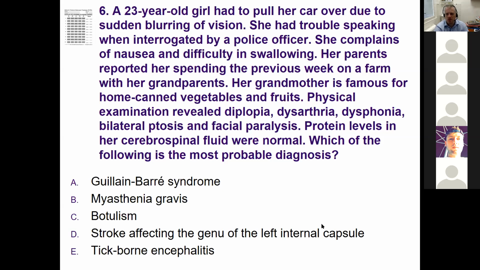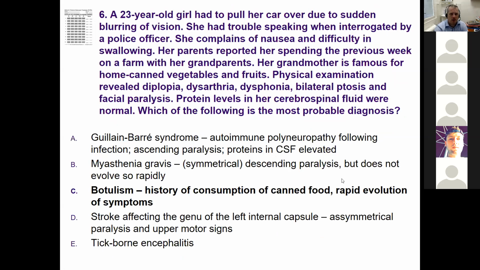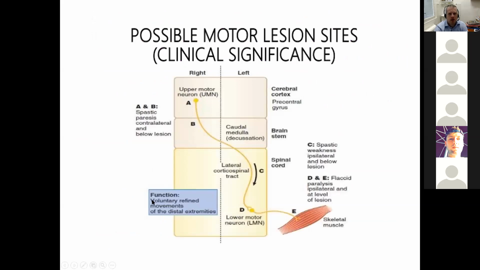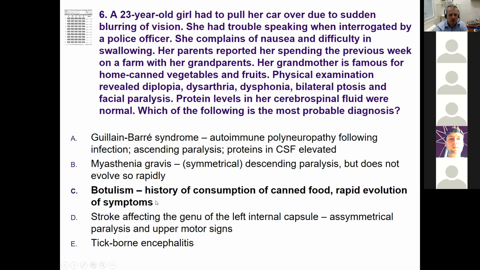Okay, I'm ending the polling, sharing the results with you, and you can see most students voted for C, which is actually correct. You can go through the other problems, but this is clearly botulism, which is the intoxication with a toxin called botulotoxin, which is a product of a bacterium called Clostridium botulinum.